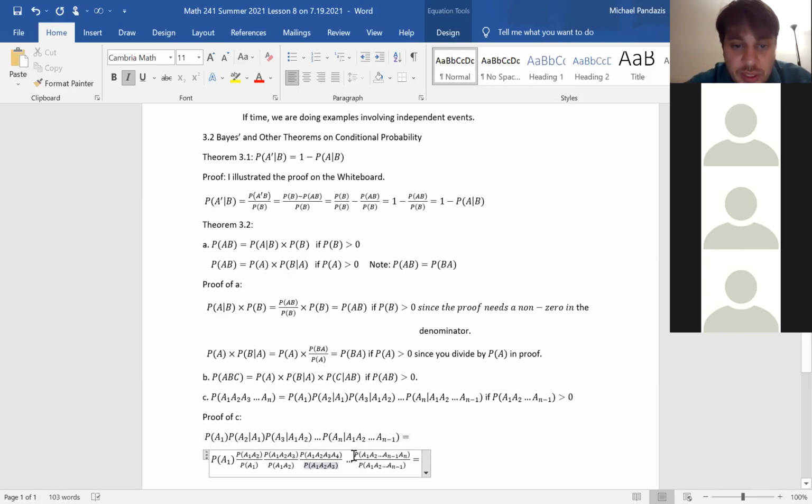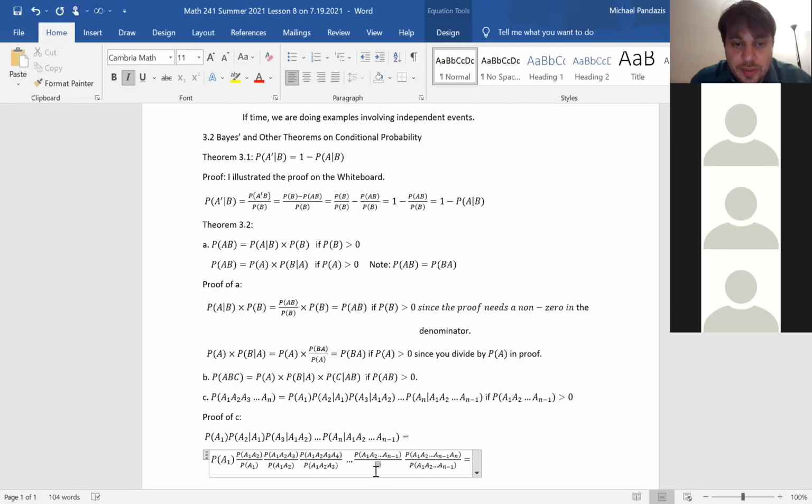And if we did the term before this one, it would be P of A1, A2, dot, dot, dot, A sub n minus 1.